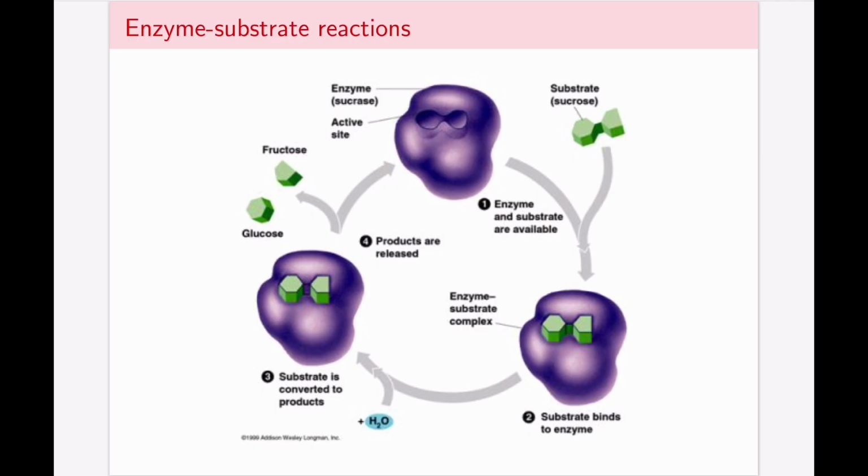There are a couple of things to note right away. First of all, if there are many substrates available, so the concentration is very high, the reaction will of course be faster because they will be binding to available active sites as soon as one actually gets freed up. Available sites will not be sitting idle for long. That's on the one hand.